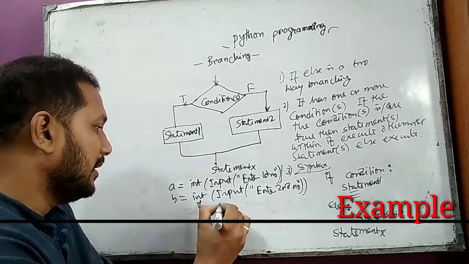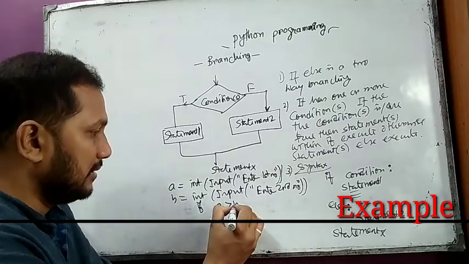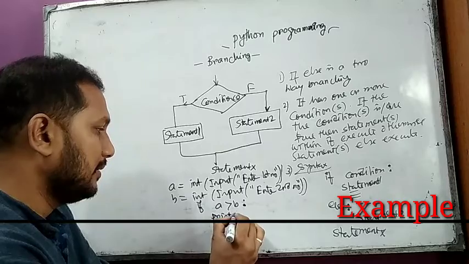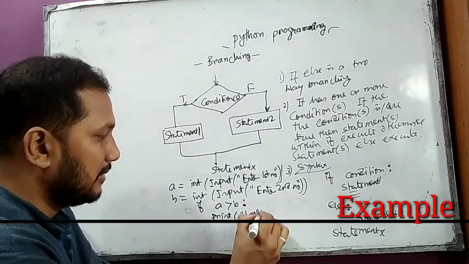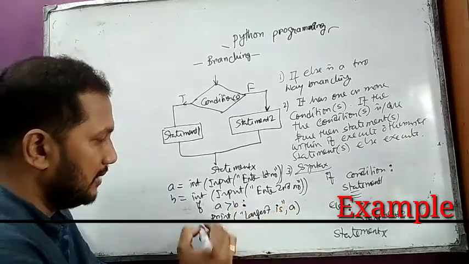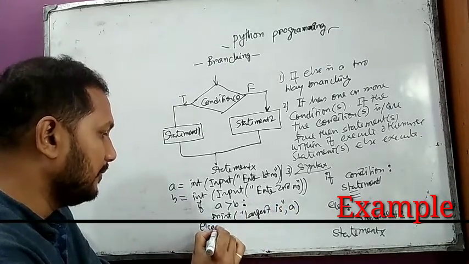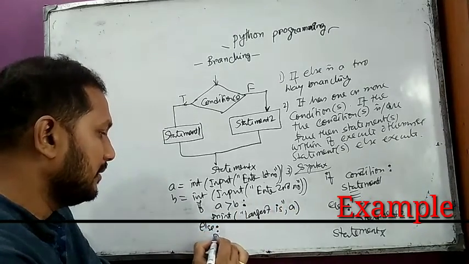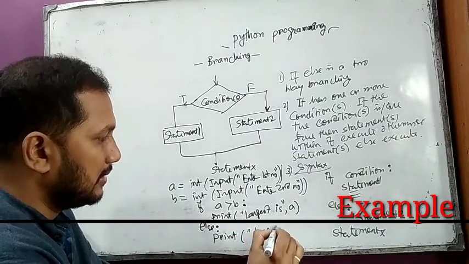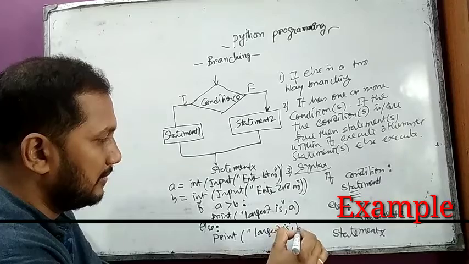If a greater than b, then print largest is, comma a. Else colon print largest is b.